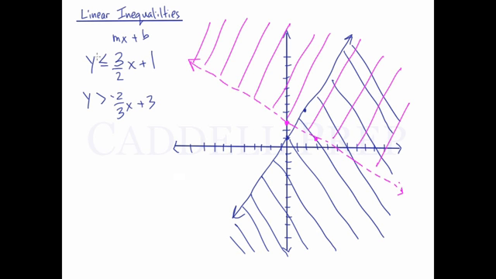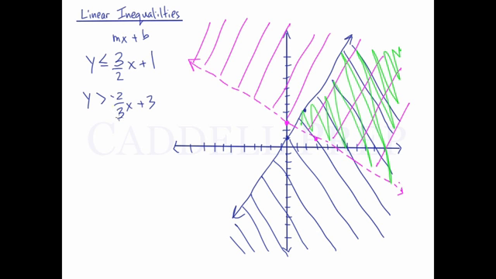So if we were given both of these inequalities and we had to solve for the system of them, in other words, a value or a point that satisfies both of these inequalities, we would just look to see where they overlap. So in this area, we have an overlap. This area would satisfy both of these inequalities.